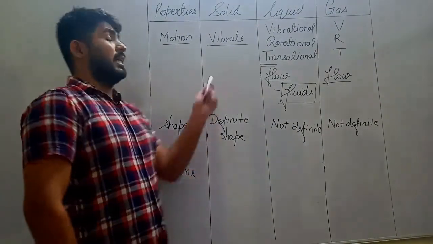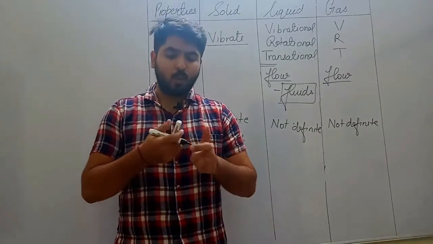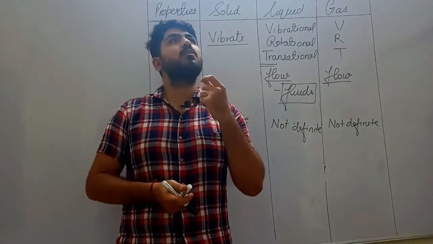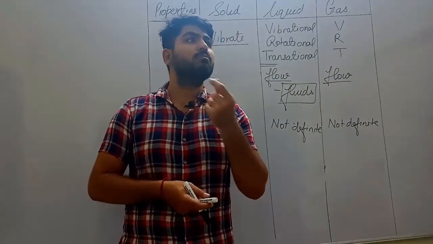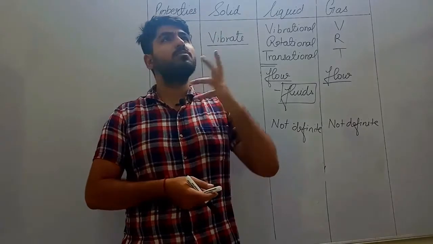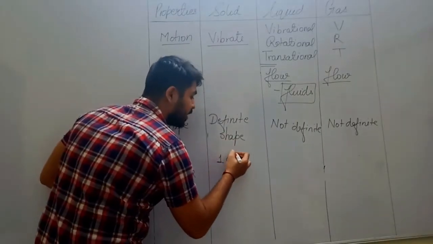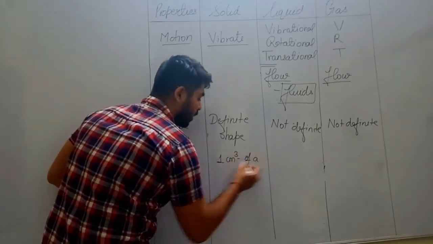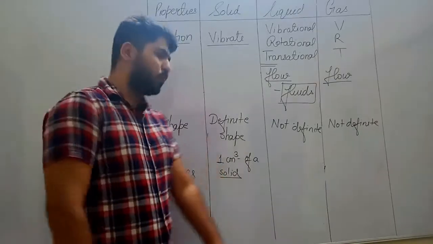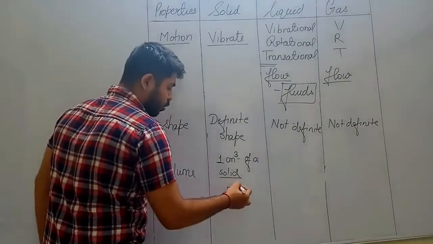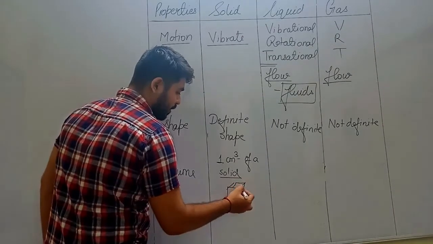Now, in the case of solids, the volume is definite. If you have 1 liter, we do not use liters for solids, right? So suppose you have 1 centimeter cube of a solid. Okay, 1 centimeter cube मतलब आप एक ऐसा क्यूब ले लो जिसकी सारी की सारी sides होंगी 1 centimeter.